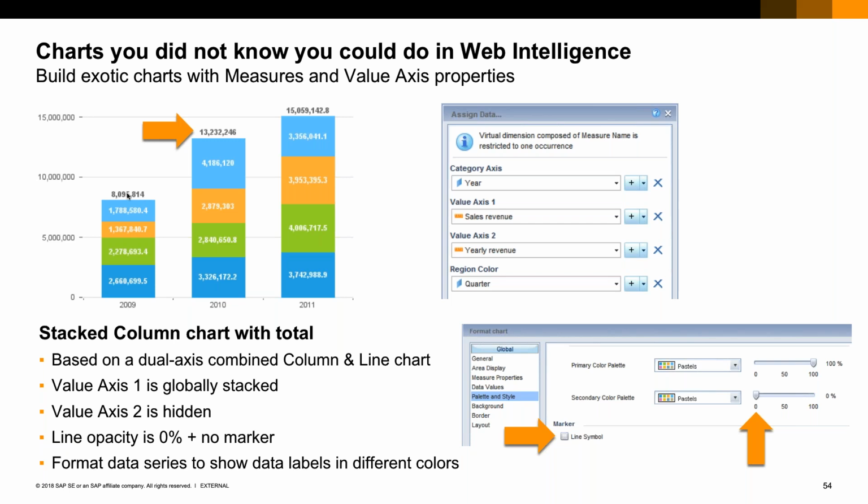So the total is actually a line chart, which is displayed on top of the stacked column, but because the line opacity is set to 0, we don't see the line, and all we can see are the data labels of that line chart. We've also chosen not to display the markers, so you really see the data labels and nothing more.